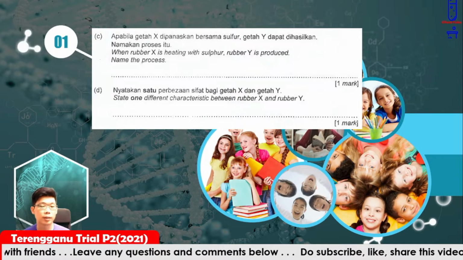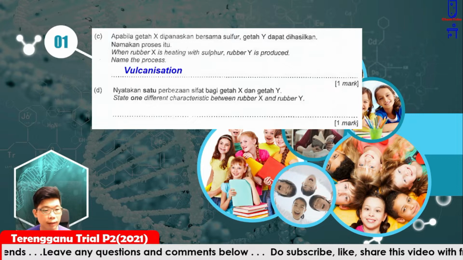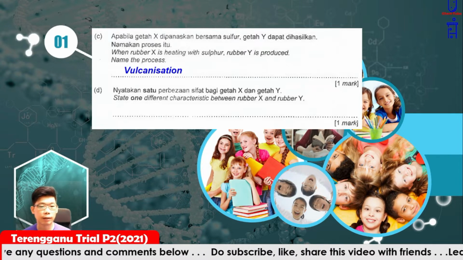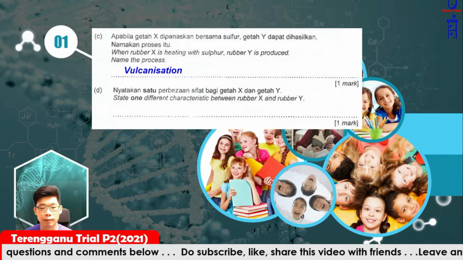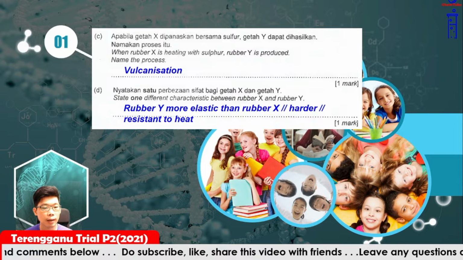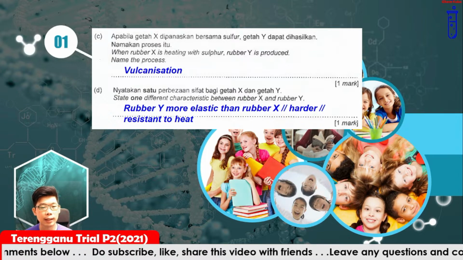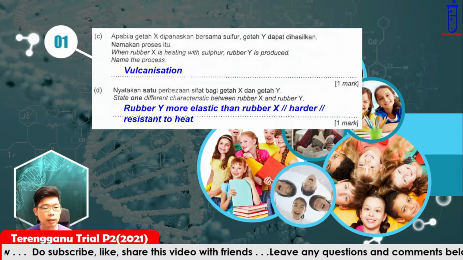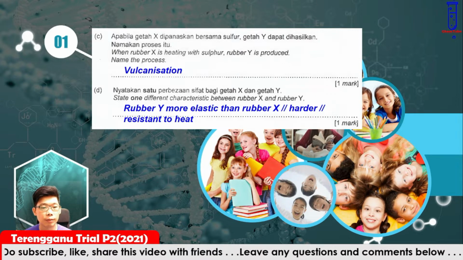Name the process. This is called vulcanization. State one difference in characteristics between rubber X and rubber Y. You can choose any one. Rubber Y is more elastic than rubber X, or it is harder, or it is more resistant to heat, for vulcanized rubber.